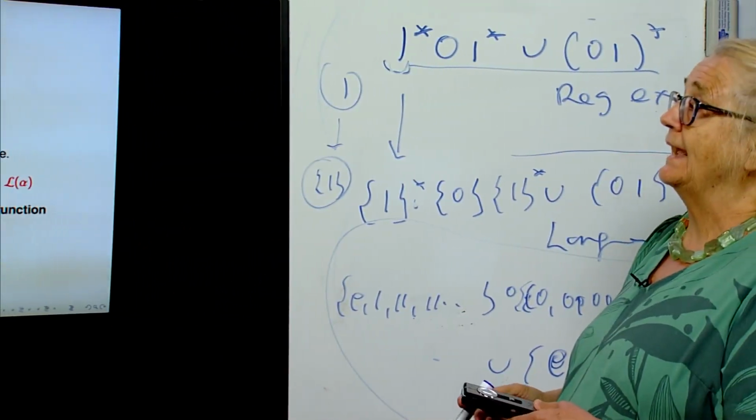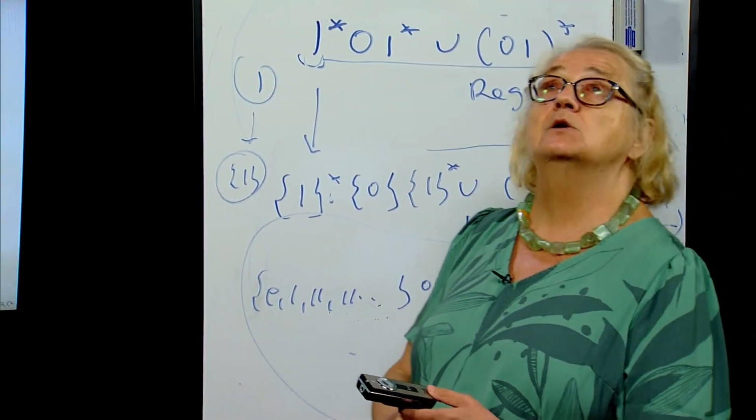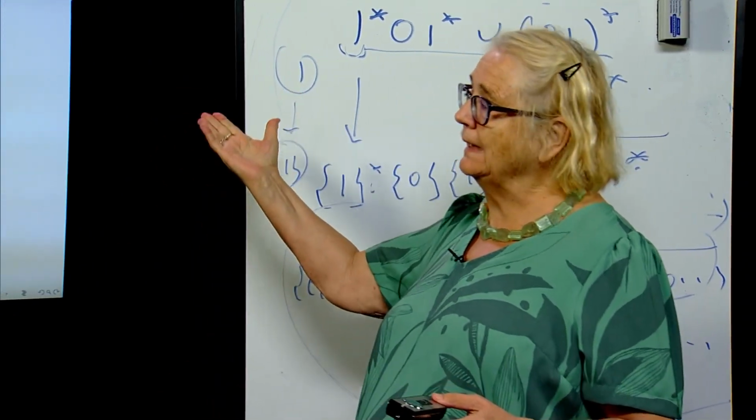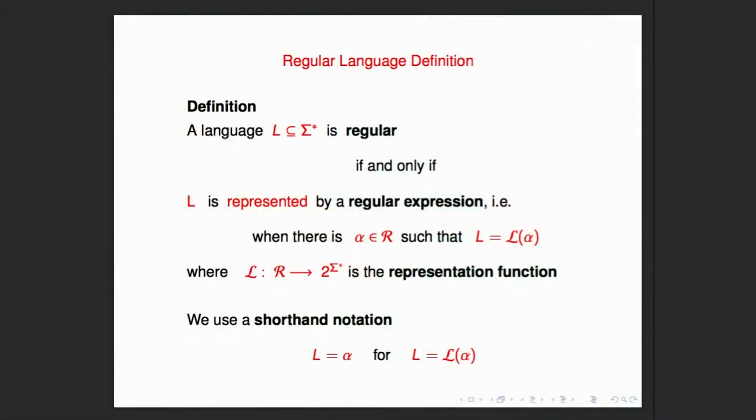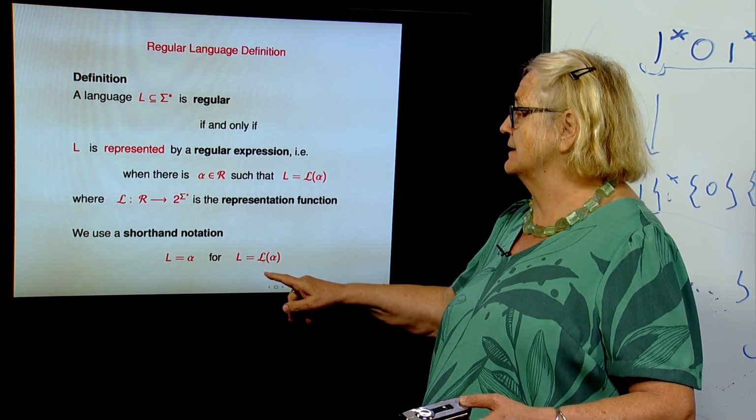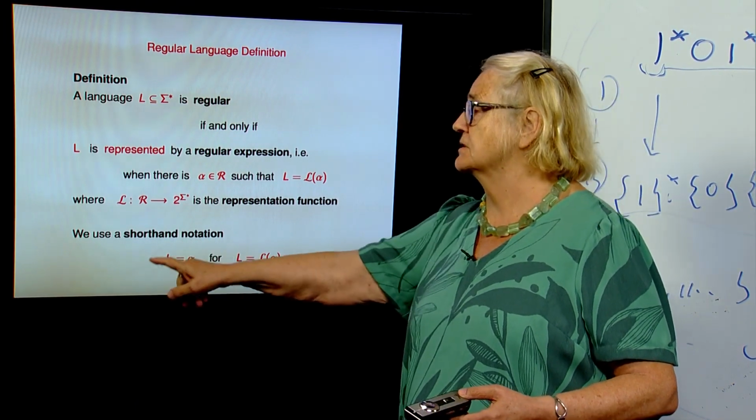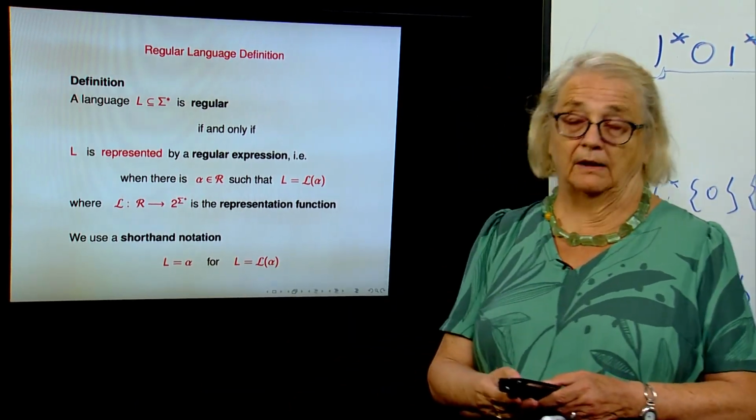And we say that by definition, the language is regular if and only if it's represented by a regular expression. So instead of writing that L is represented by alpha, you just write L equals alpha.